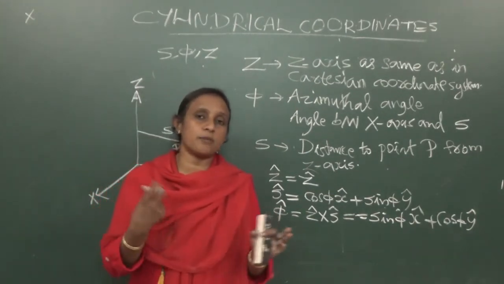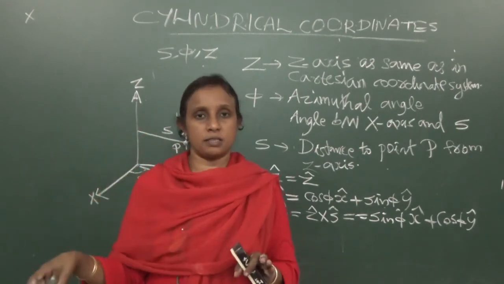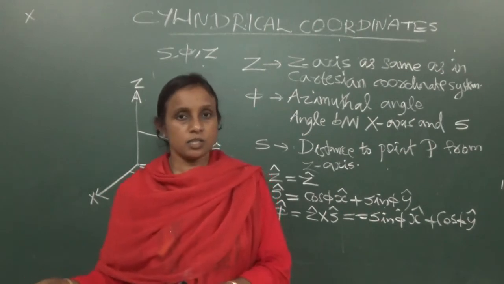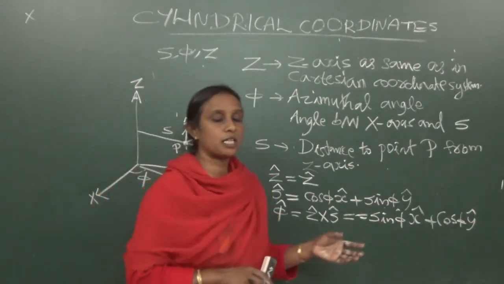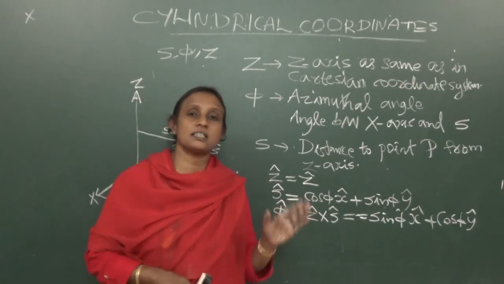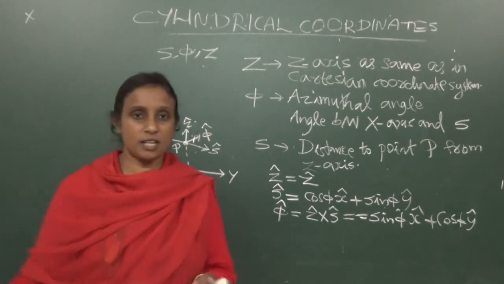Similarly, sometimes we need to transform the components of vectors from one coordinate system to another. So here also you can transform the relation between these Cartesian variables and cylindrical system variables.